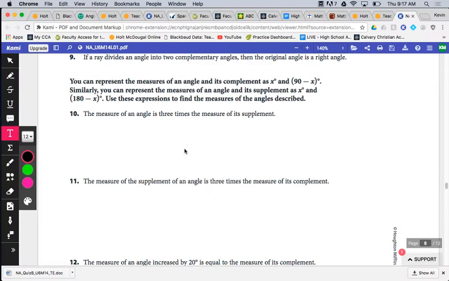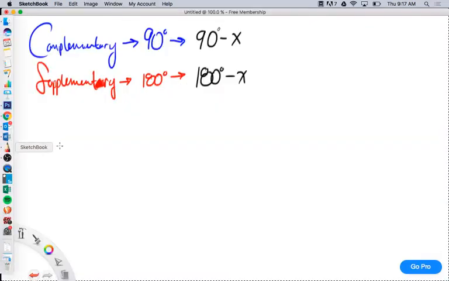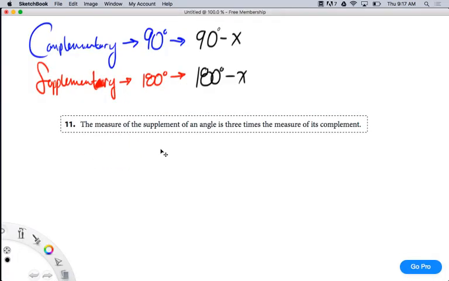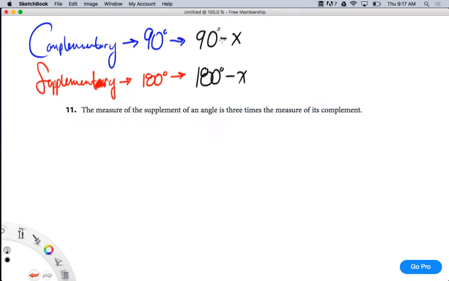So if we end up with a question like number 11, and I ask you to solve for the angle, you can do that. Those tools, though, the fact that a complement is 90 minus x and the supplement is 180 minus x, is something that you just got to remember. Okay, so I start with the measure of a supplement.